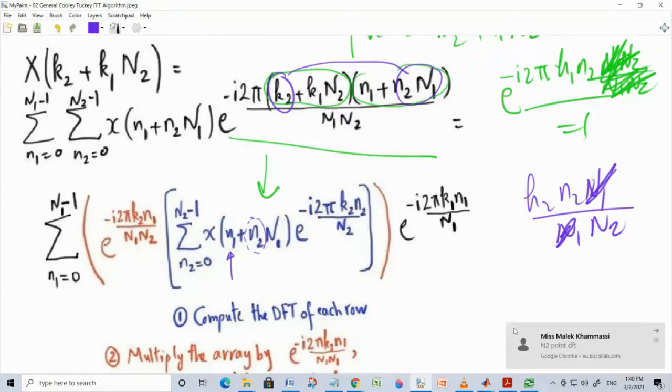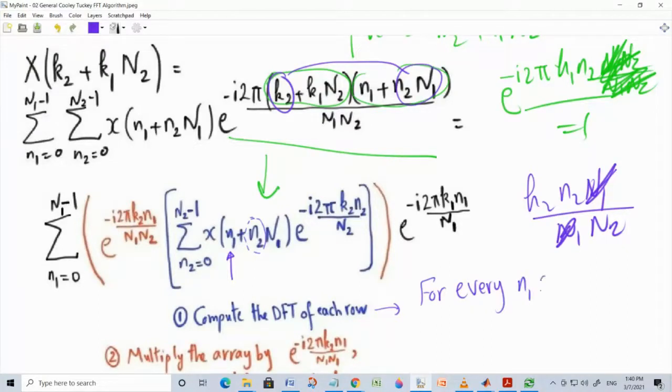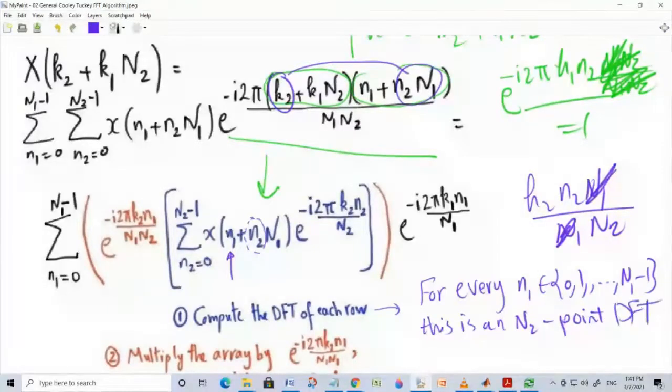It's an n2 point DFT, exactly. For every n1, and don't forget that n1 has this range, it starts from 0 up to n1 minus 1, this is an n2 point DFT.